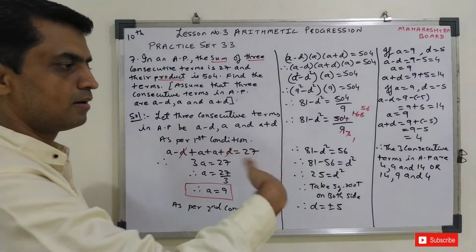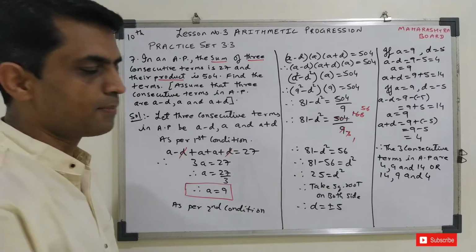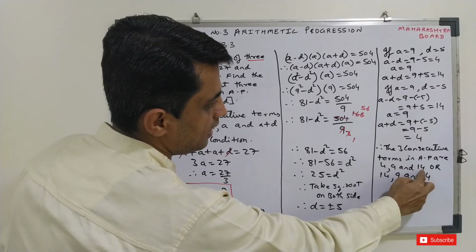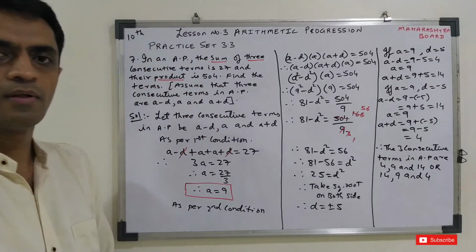Both cases are possible. If you see, it is just a reverse. 4, 9, 14 here, 14, 9, 4. Clear?